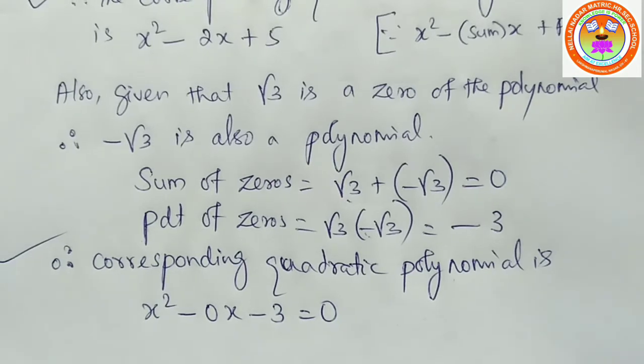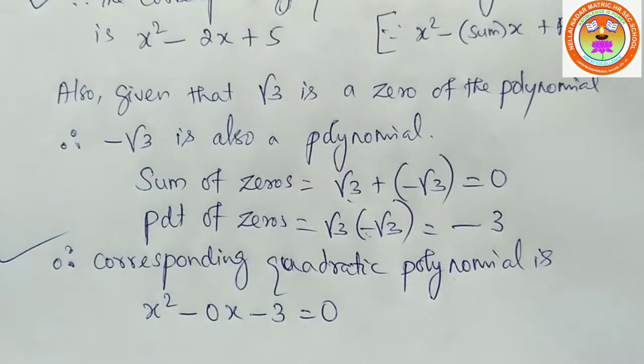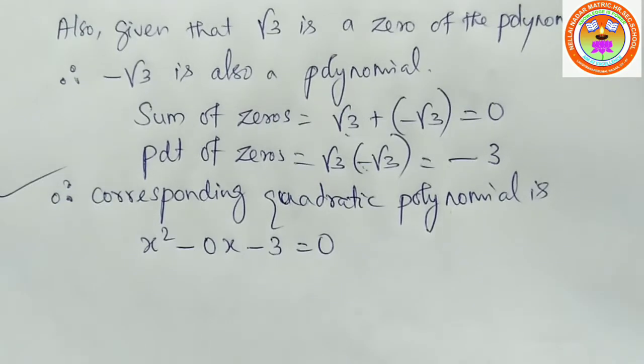So with the help of these two quadratic polynomials, the given 6th degree polynomial can be written as the product of these two polynomials into another quadratic polynomial.